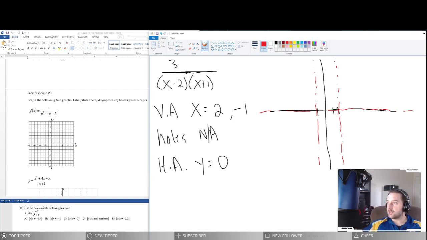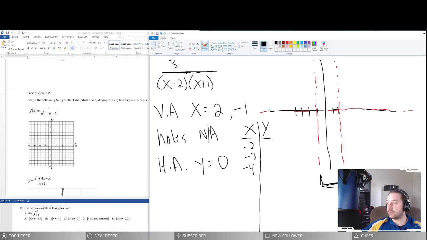Okay. Now all I need to do is create a T-chart and just plug in values. I'd use a calculator to plug those values in. So for example, I would plug in -2, -3, -4. Plug in as many values in between here, because I don't really know what's going on in between.